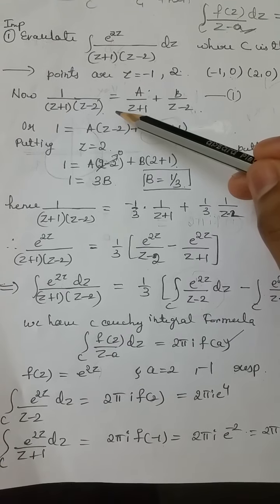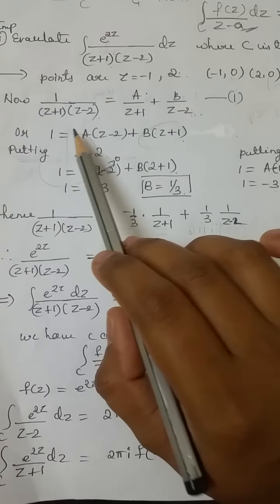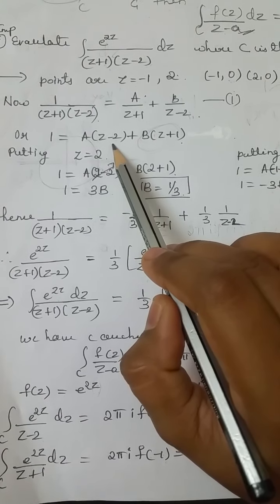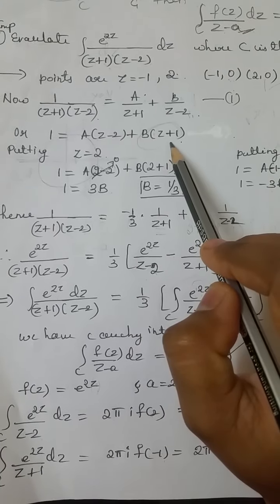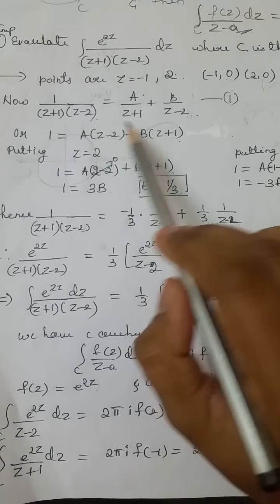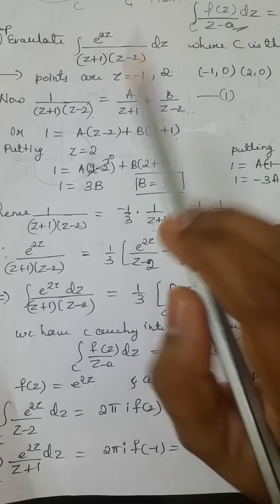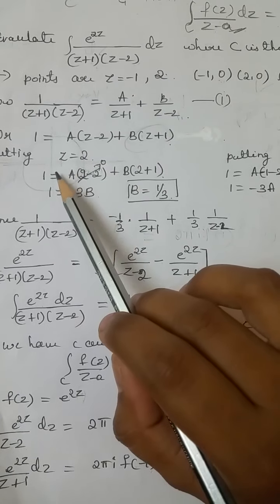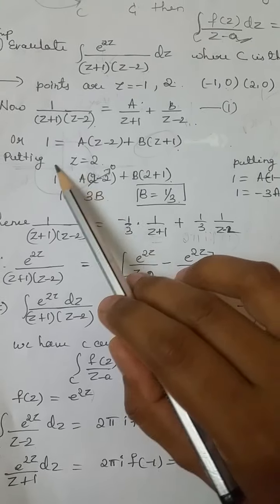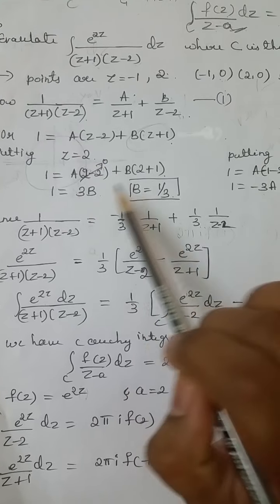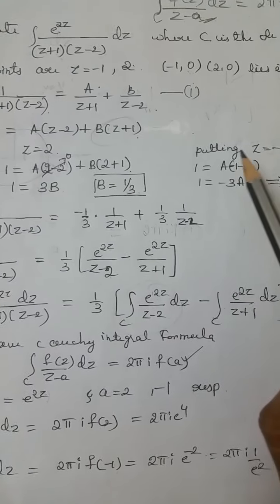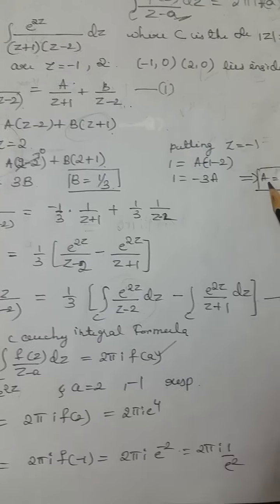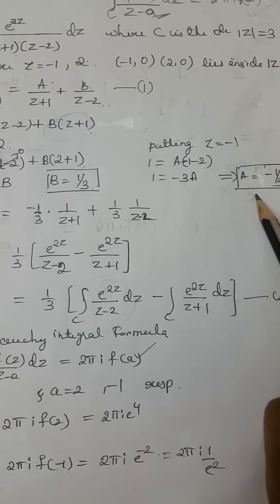After cross multiplying, you get 1 equal to a(z minus 2) plus b(z plus 1). You know how to find the values of a and b, no need to explain again. Putting z equal to 2, you get the value of b. Putting z equal to minus 1, you get the value of a, minus 1 by 3.